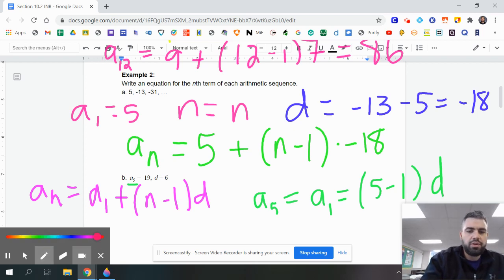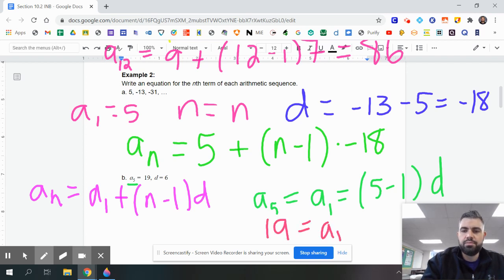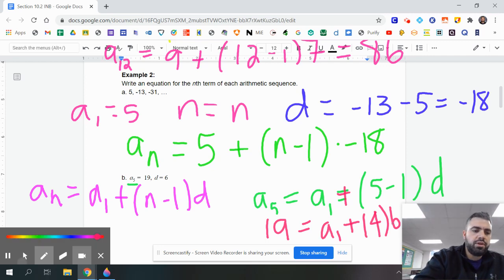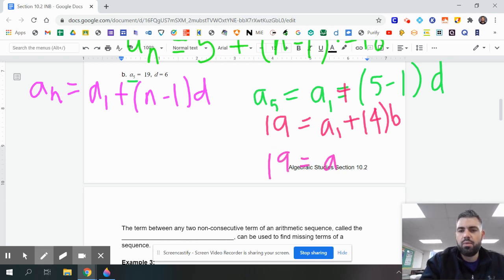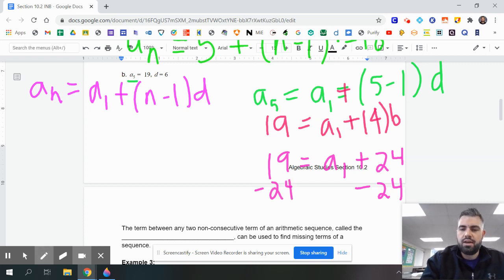So if we plug in numbers that we know, a sub 5 is 19, which is equal to the first term, a1, plus 4 times the common difference, 6. So 19 is equal to a1 plus 24, and we can subtract 24, and we find that negative 5 is equal to a1.